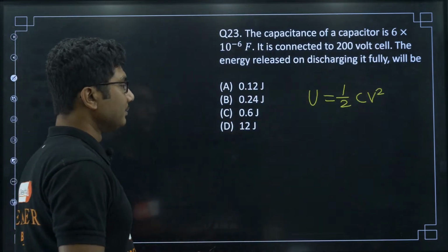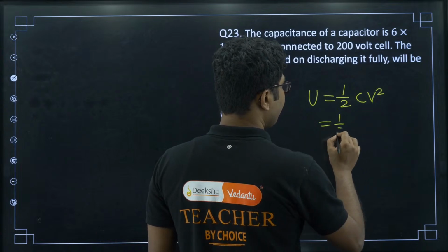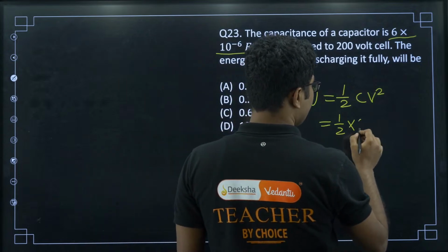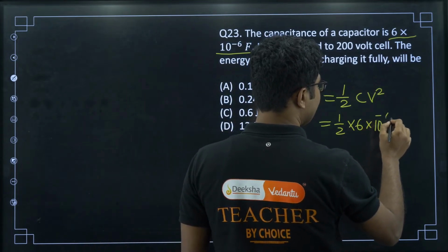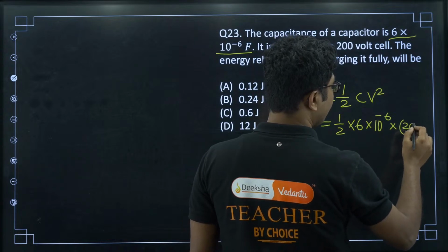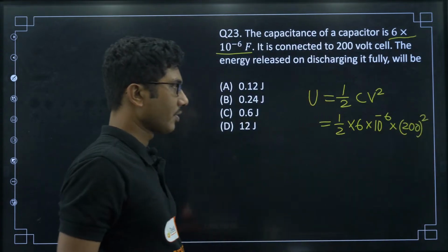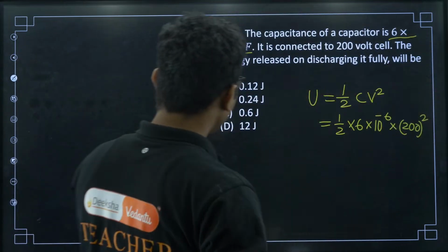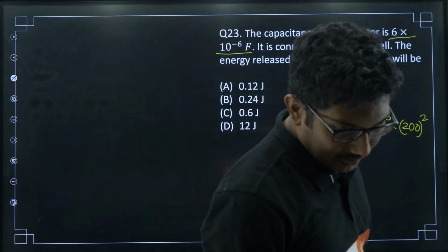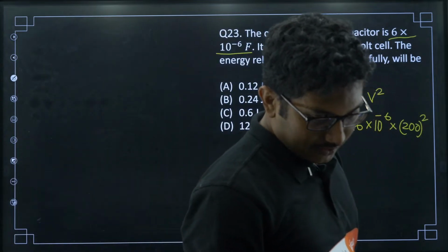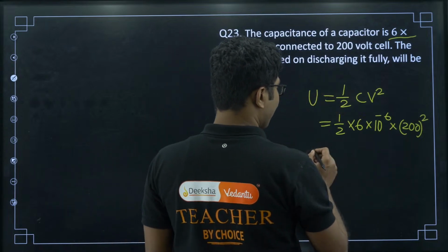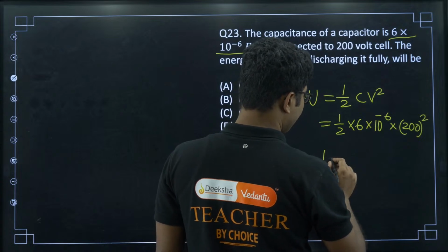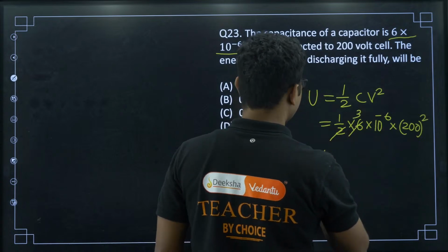Tell me quickly. So, half C, C is 6 into 10 to the power of minus 6 farad, V square is 200 whole square. 23B, 23A, yes, let us see. Aditya maybe made a mistake. Half of 6, let me cancel, is 3.